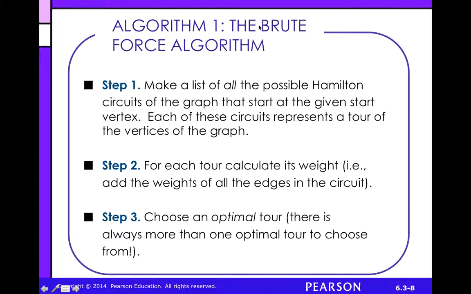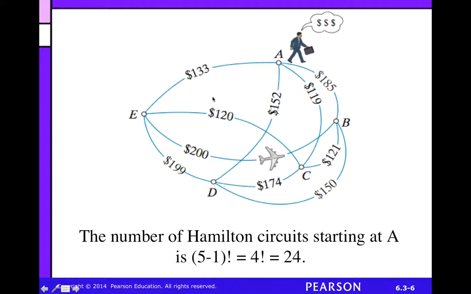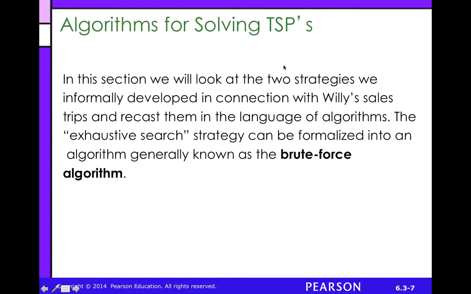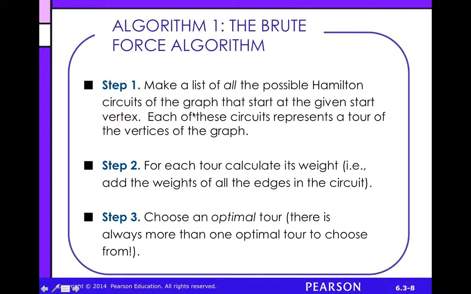So here's what the brute force algorithm is. What you do first is make a list of all the possible Hamilton circuits of the graph that start where you want to start. So in this case, we would start at A. Each of these circuits represents a tour of the vertices of the graph, a way of visiting all the vertices.